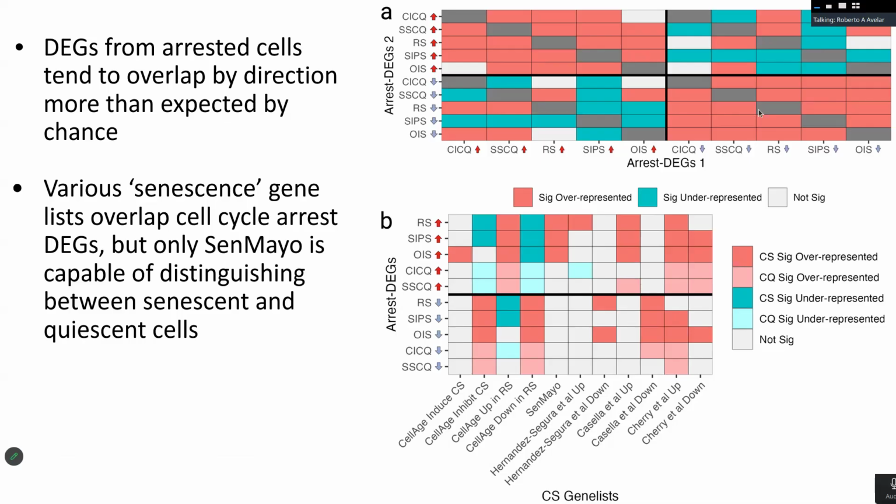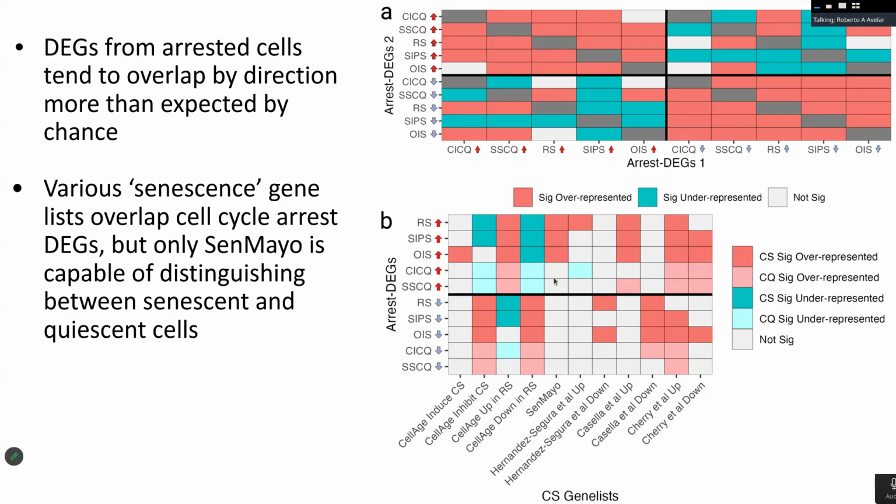We also have a bunch of gene lists that have been published that are purported to be quite useful for identifying senescent cells in single cell and bulk RNA-seq. And the most famous one is Sen-Mayo, which I'll be talking about a little bit. So the nice thing about Sen-Mayo in this case is it perfectly captured the senescent states. The senescent cells are overexpressing a bunch of genes that are in Sen-Mayo more than we would expect by chance, whereas the quiescent cells are not.